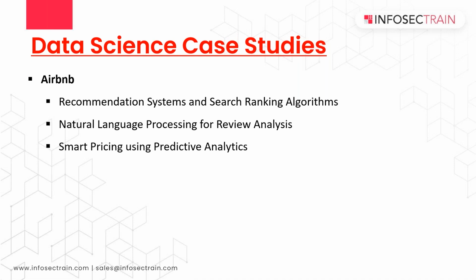If you first search for an air ticket, you will see the first price, the X price. Then if you again search for the same ticket, you will see that the price has somewhat increased, X plus N. Some increment is there in that particular price. That is dynamic pricing, where each and every time you will see the price is different, increasing most of the time. So that is nothing but smart pricing using predictive analytics.